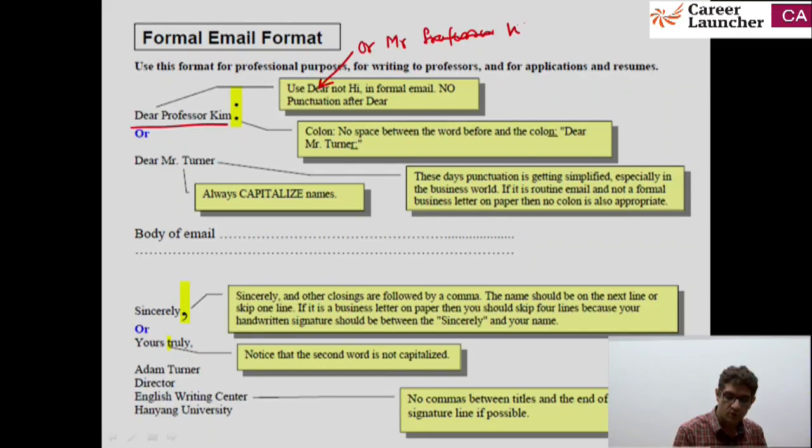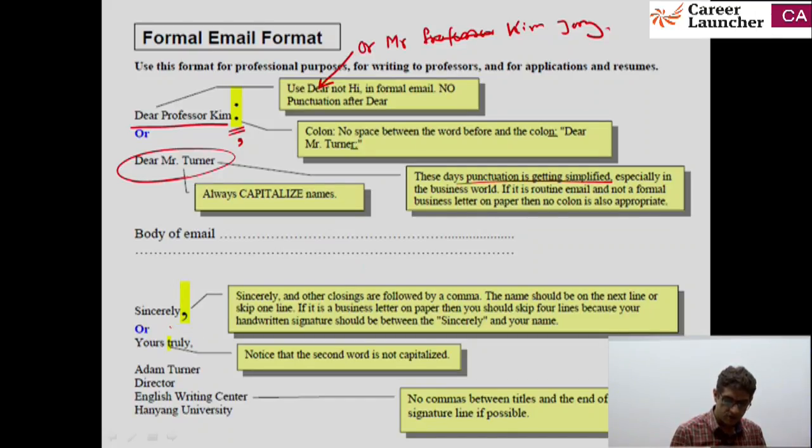In this case you won't have a professor, but you can put in Professor Kim Yong, right? In American English, we know that we put a colon. In British English, you can also put in a comma, right? Or you can also write this. And these days, punctuation is getting simplified. So, if you're not writing the colon or a comma, then usually it is acceptable.